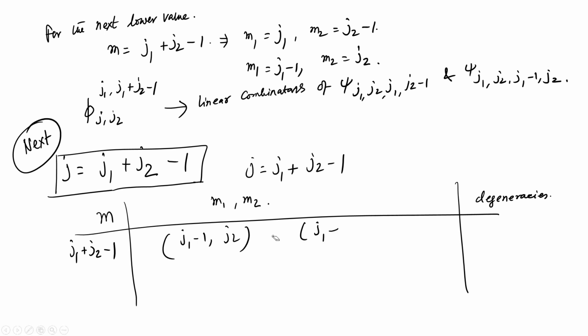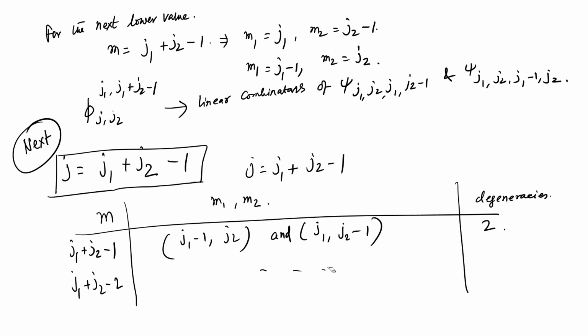In fact, I should write and, because there is a linear combination. Okay, and which has again a degeneracy 2. So, this sits at the top of the table, just like we have constructed the other table. So, the next one will be J1 plus J2 minus 2, and that will have 3 combinations and so forth, which is what we have written down.